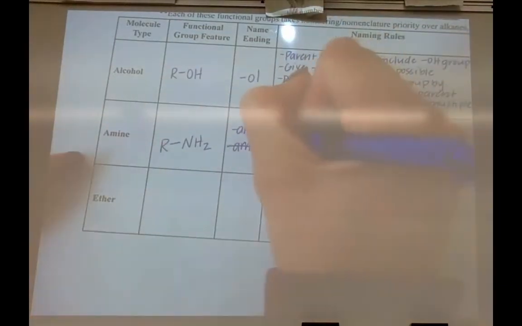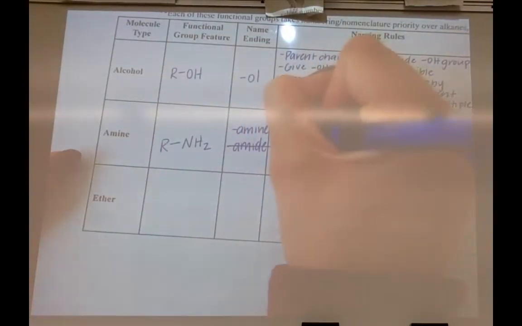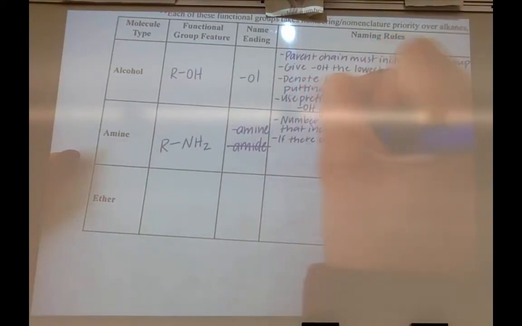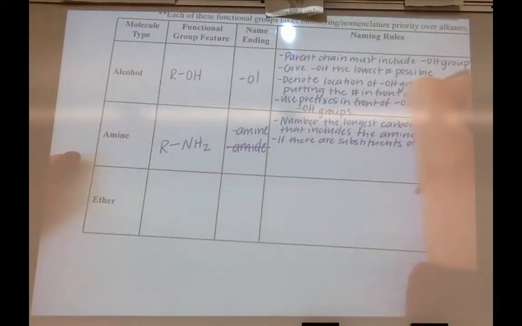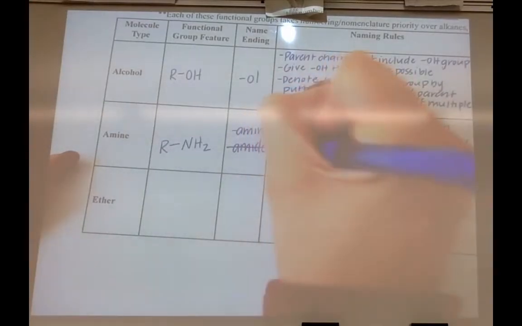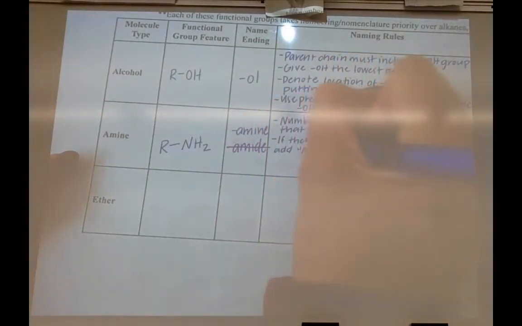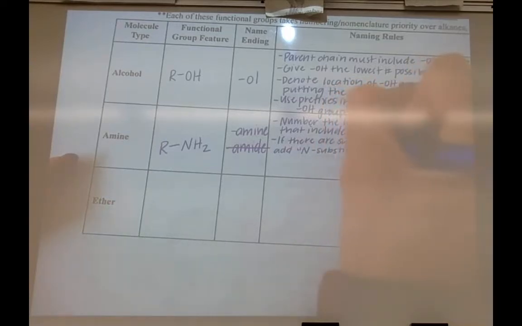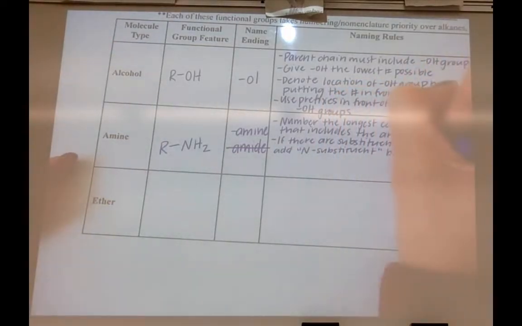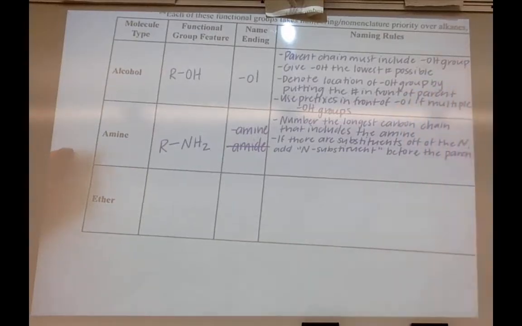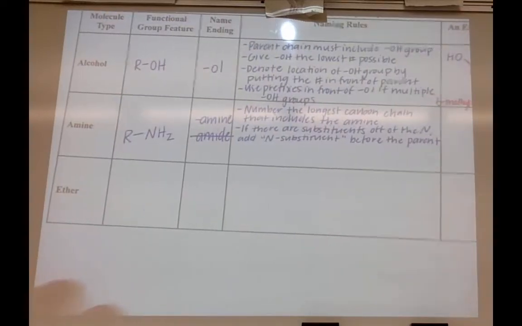So when we're naming, if there are substituents off of the nitrogen, add N with the substituent name before the parent name. So you can use N like a number if you have something off of the nitrogen.